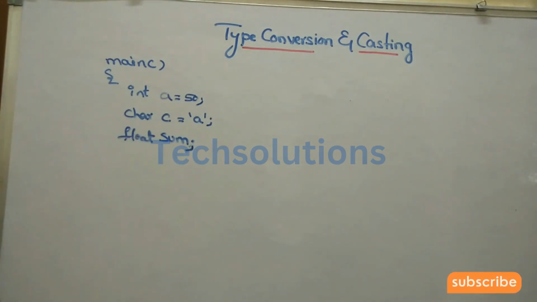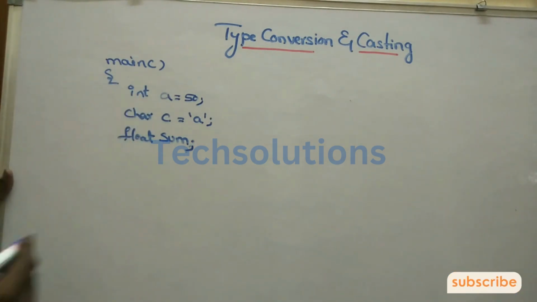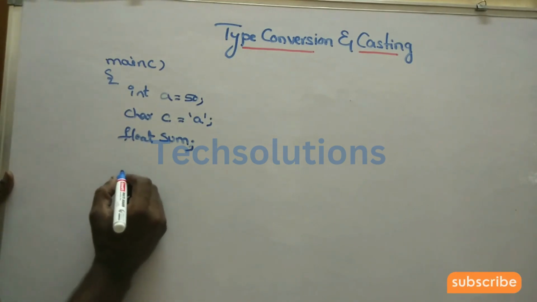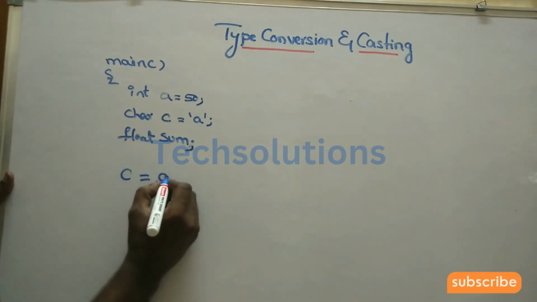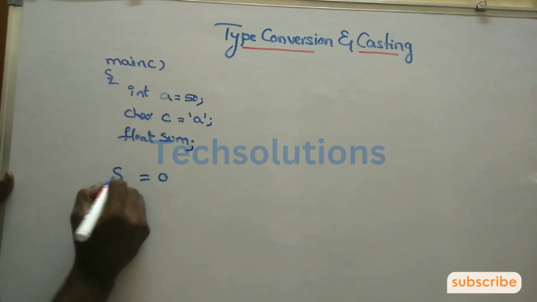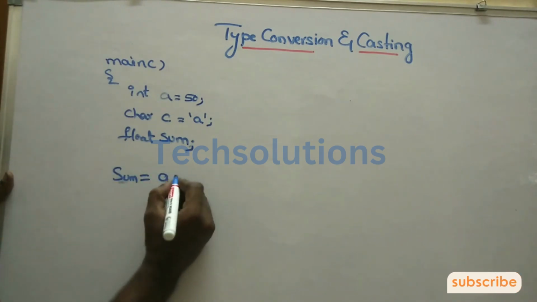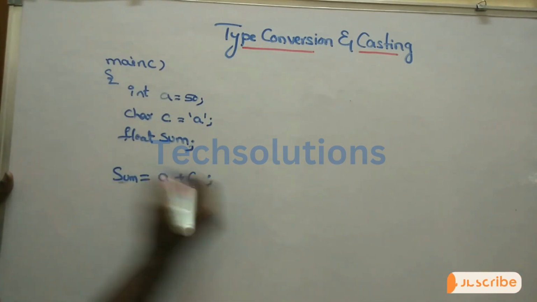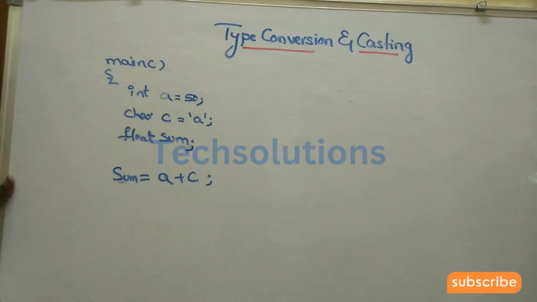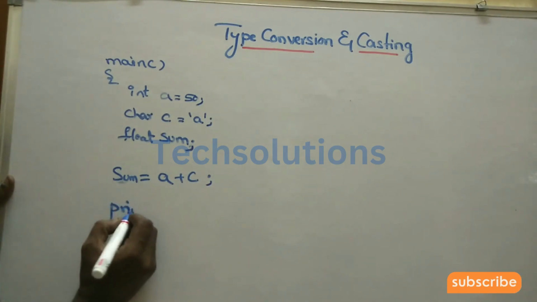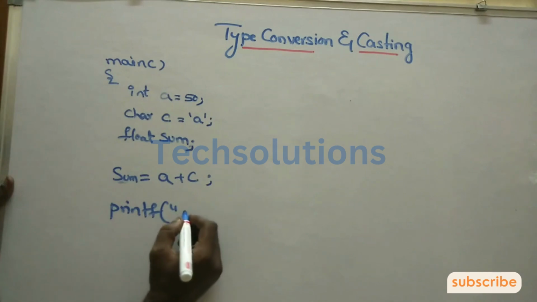Now what is the logic I have here? I just want to perform addition of these a and c values. The logic I have to write is sum equal to a plus c. Then I have to display it with printf percentage.